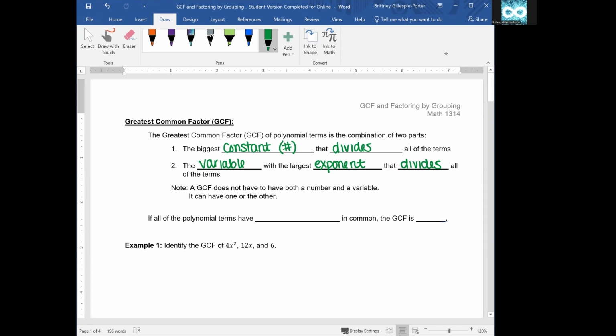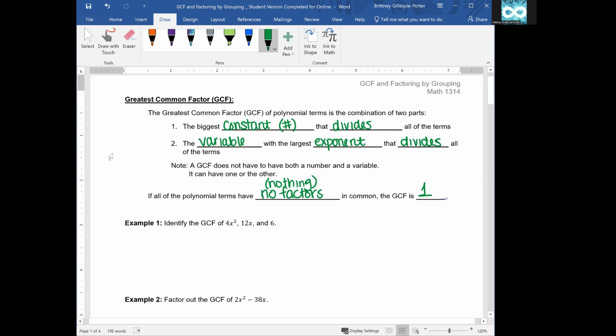However, if you cannot find a number that goes into all of your terms, and you cannot find a variable or letter that goes into all of your terms, we say that the polynomial has no terms in common, or no factors in common. The GCF is 1. The other way to look at it, instead of no factors, you can say if they have nothing in common, the GCF is 1.